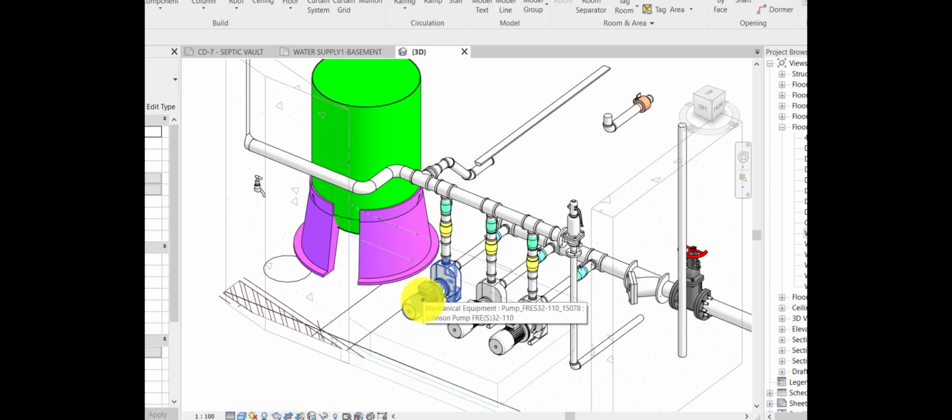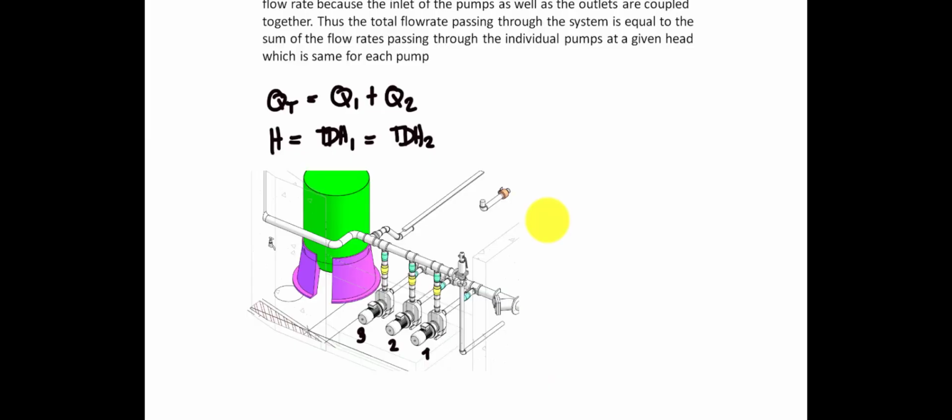Okay, so ang mangyayari dito, ang total volume flow rate mo, that will be yung volume flow rate ng pump 1, plus yung volume flow rate ng pump 2, plus yung volume flow rate ng pump 3. But yung total dynamic head mo are equal.